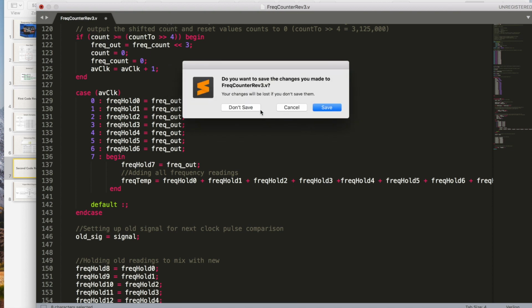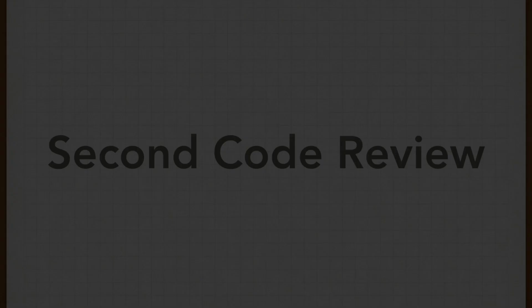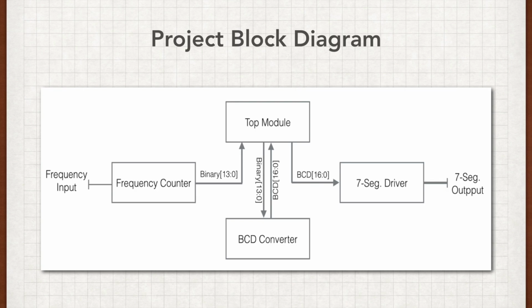So let's go ahead and close that guy. I don't care much about that. And let's continue on. All I want to do from here is show you guys what we were talking about before, which is how all this stuff came into this top module. So currently what we're talking about in this video is the frequency counter. We have an input, we do the actual count, then we output that binary count. Now that binary count ultimately goes to a top module.